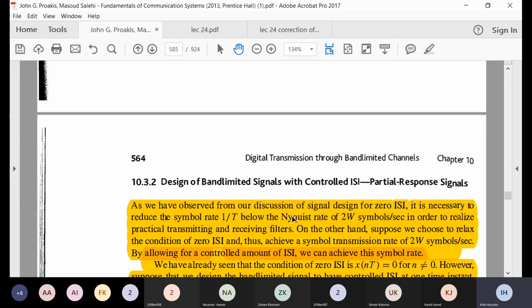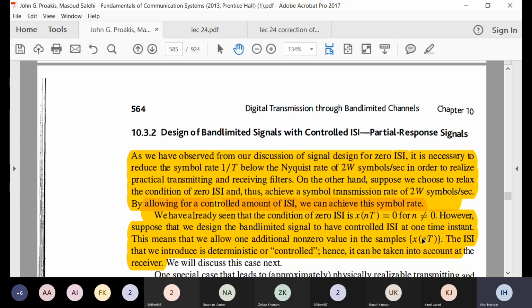But what if we allow the Nyquist criterion to relax? We say, all right, we can have some ISI. In that case, we can transmit the signal at the Nyquist rate, at a higher rate, provided we allow some error or some redundancy. So we relax and we will be able to get this 2W.